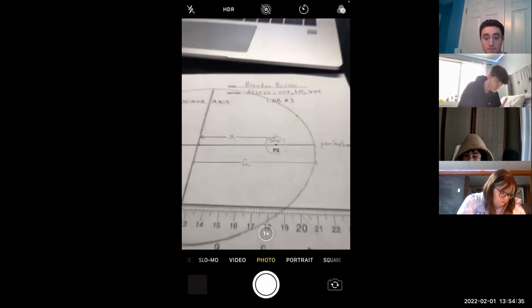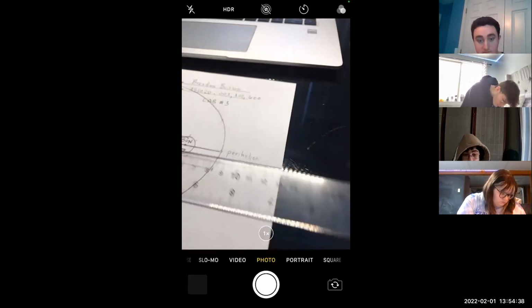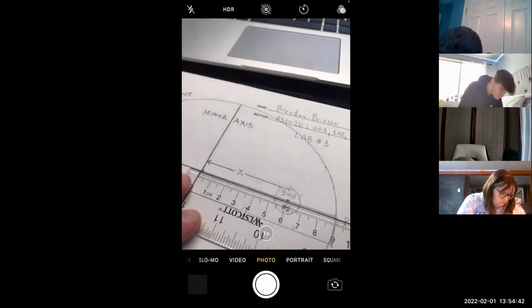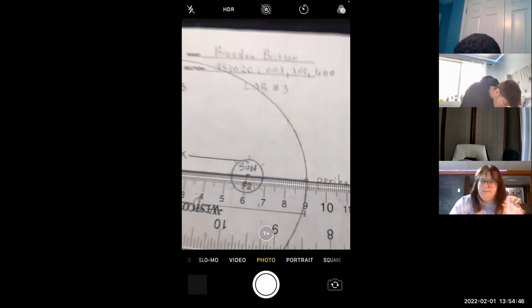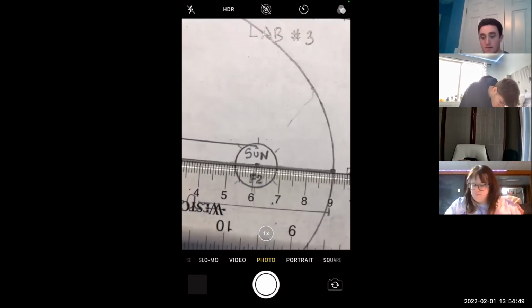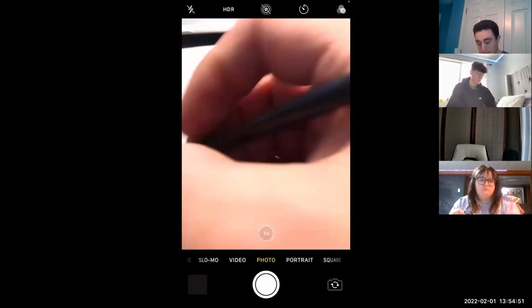Okay. First, I will measure X. For my page, I got 6.1 centimeters, or 6.1 AU.